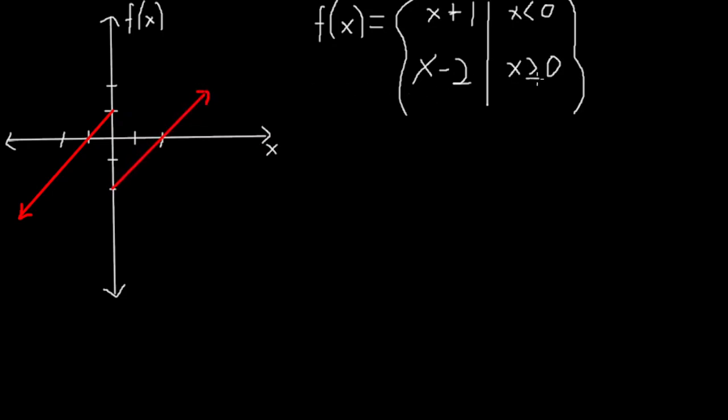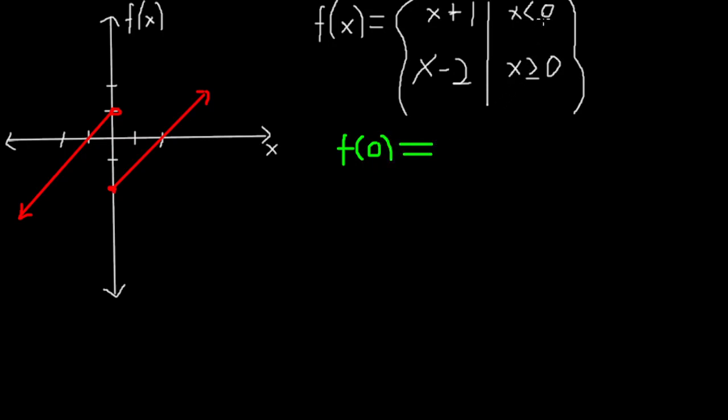And then to show that it's greater than or equal to 0 for this part, we're going to put a hole at the top and just a filled in dot there. Now, if I asked you, what is f of x evaluated at 0?